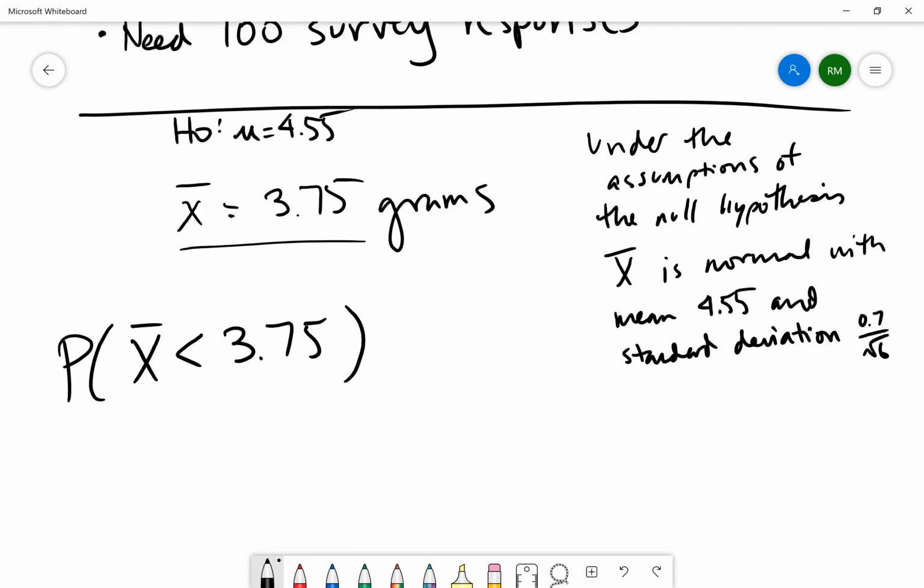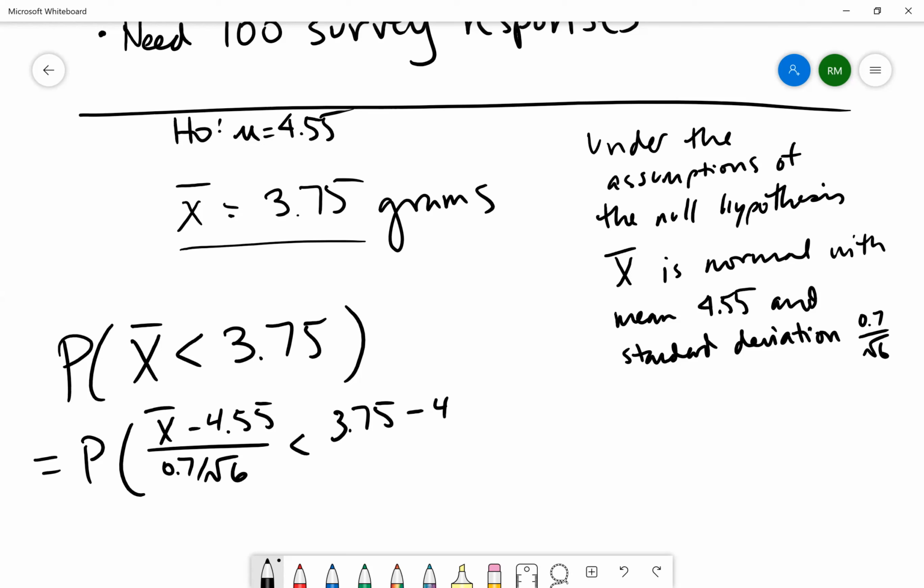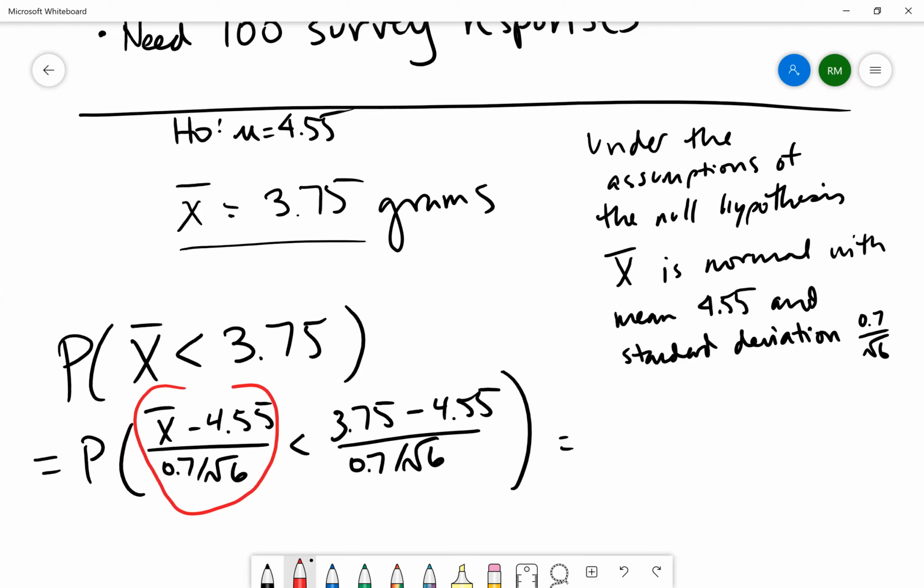So this probability is equal to the probability that X bar minus 4.55 over 0.7 over root 6 is less than 3.75 minus 4.55 over 0.7 over root 6. And we know this is the standard normal variable.